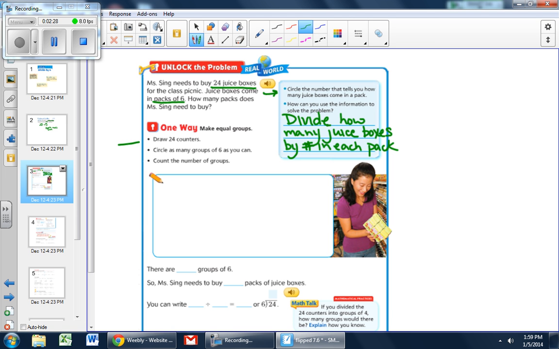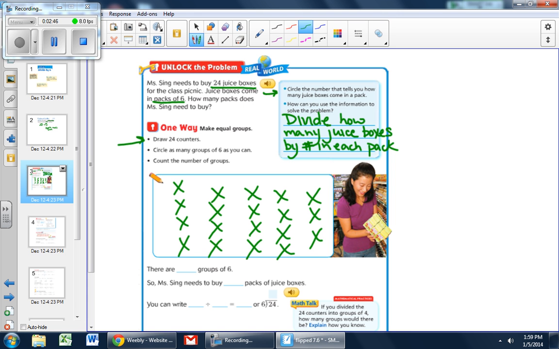You're going to draw 24 counters, and you can just do them randomly. Now, circle as many groups of 6 as you can. You can also use the counters that are at your math center by putting out 24 counters.